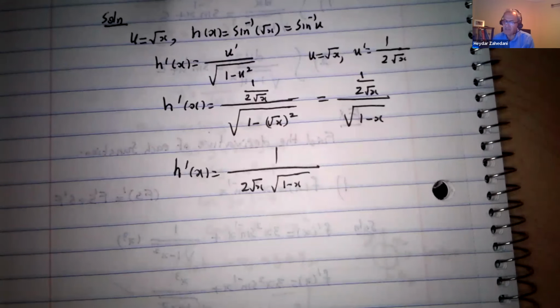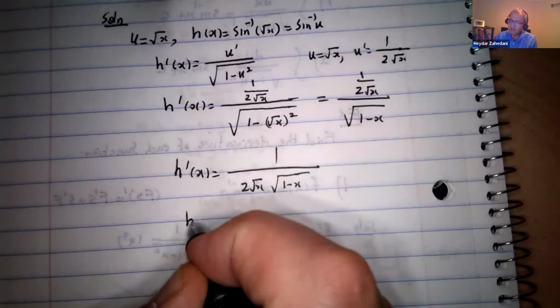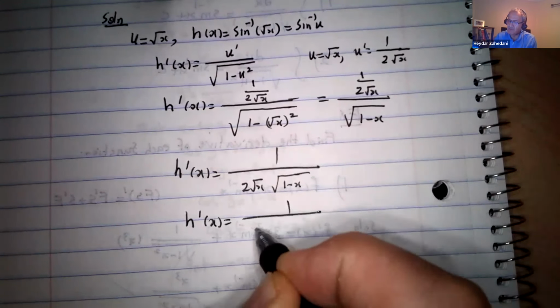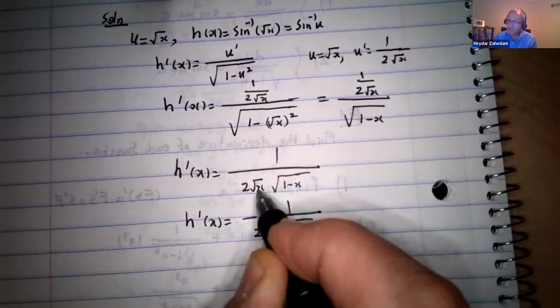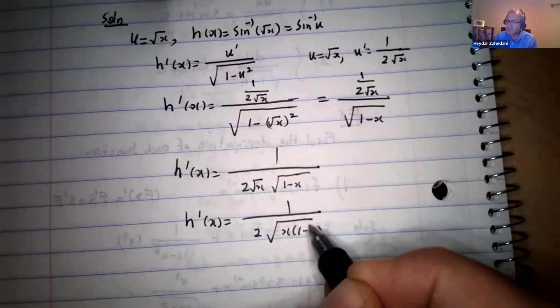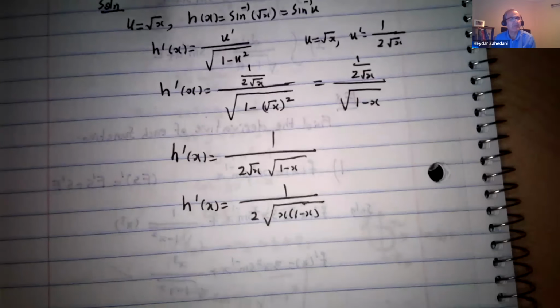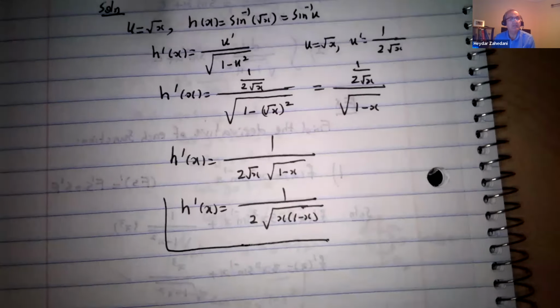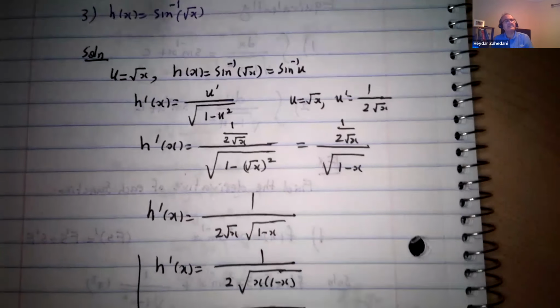You can keep it as is, or you can multiply the radicals. If you want to multiply, the 2 would be here, and x times 1 minus x. Okay, so that would be the final answer for sine inverse of the radical x.